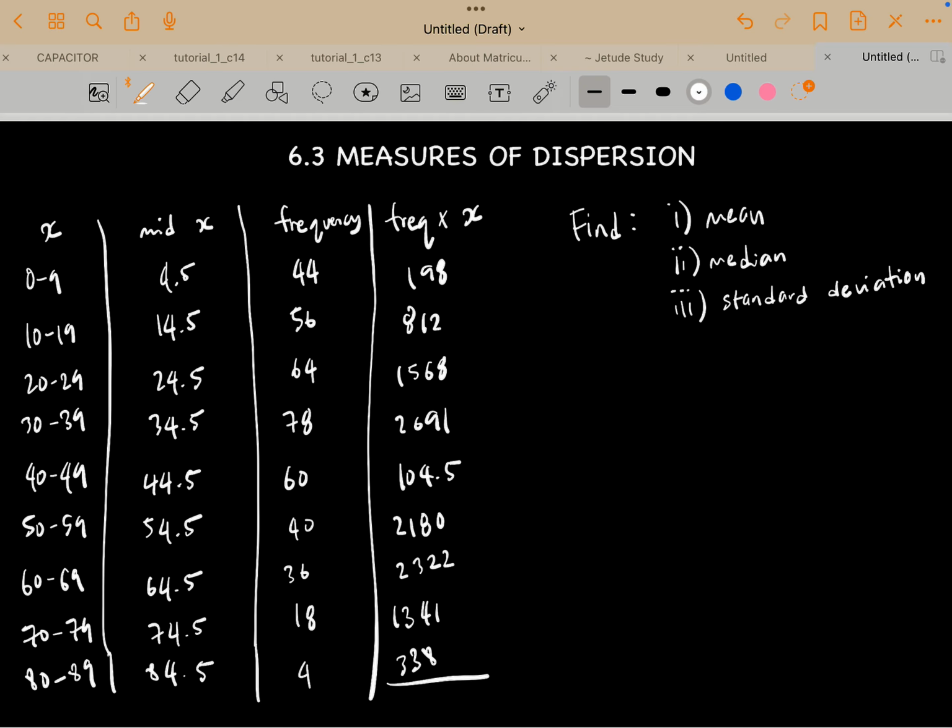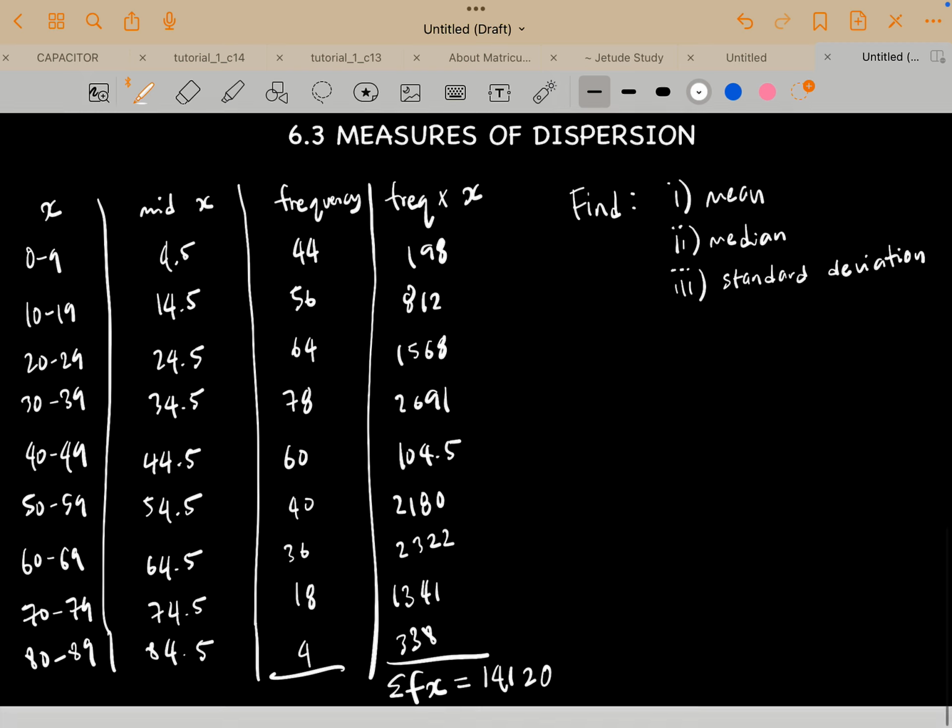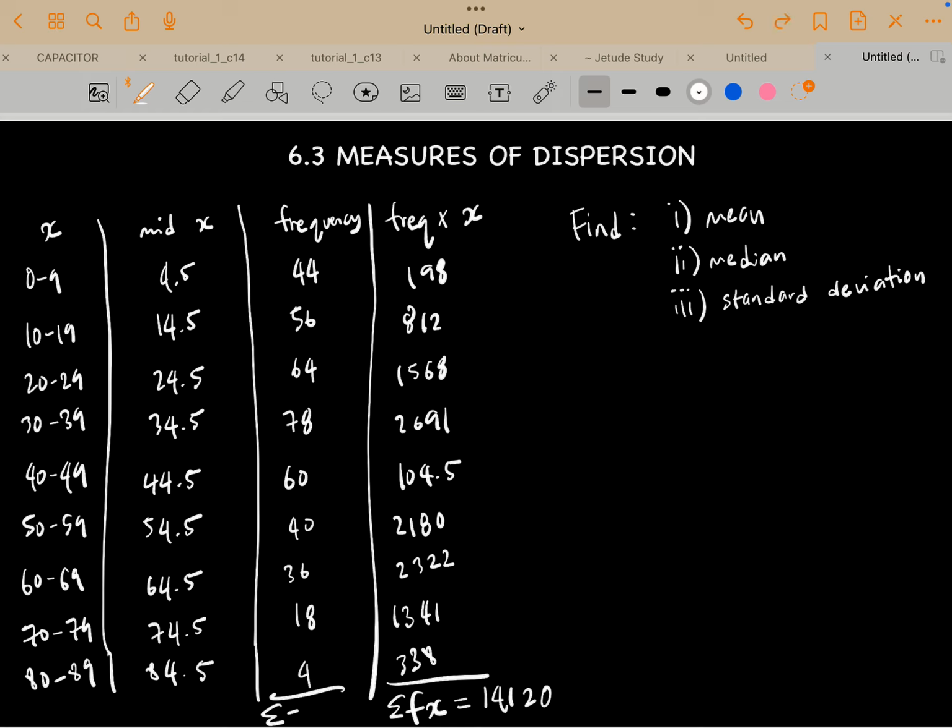Let's find the sum. It seems that this is equal to 14,120, and the sum of the frequency is equal to 400.